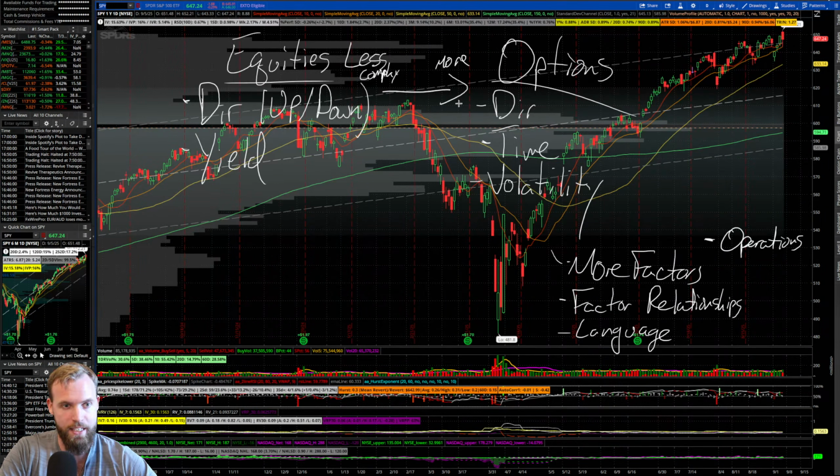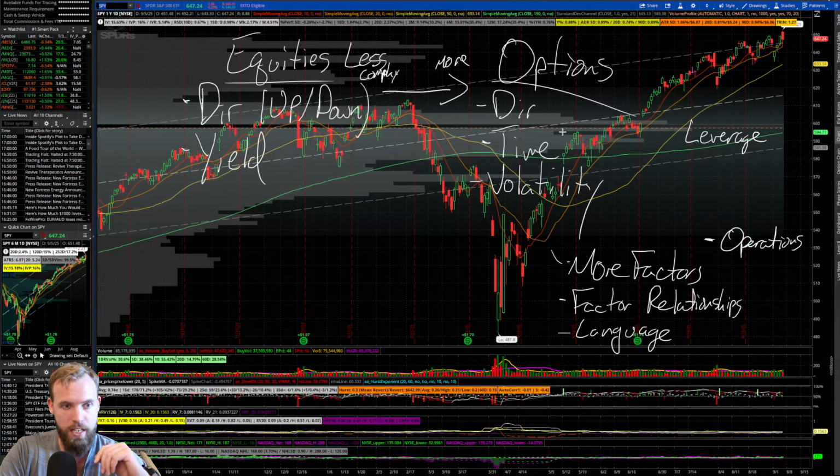Nobody would make this decision based on these factors alone and adding this layer of complexity. So there's a big difference that options provide that equities don't, at least in the same context, which is leverage.